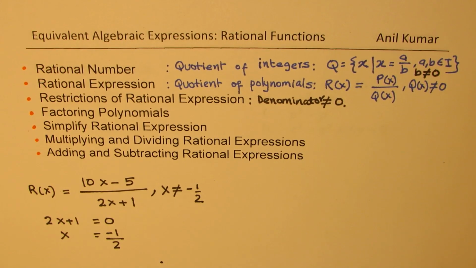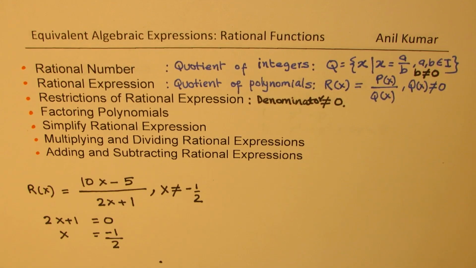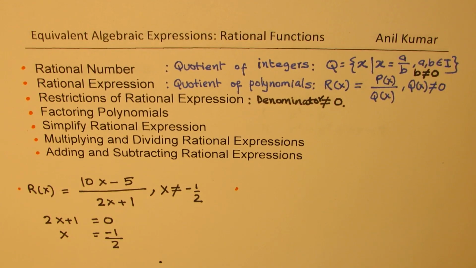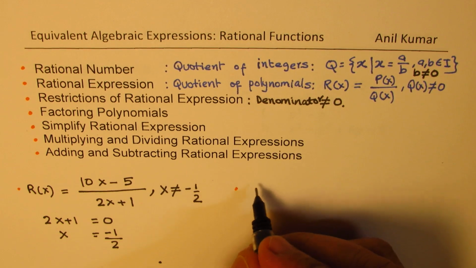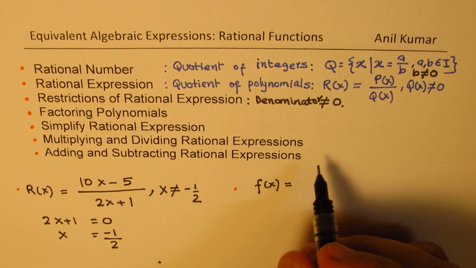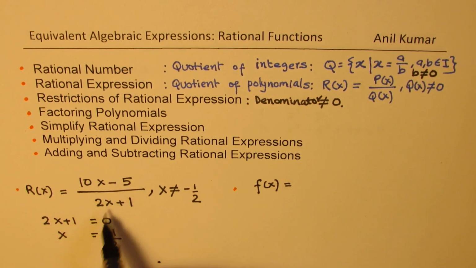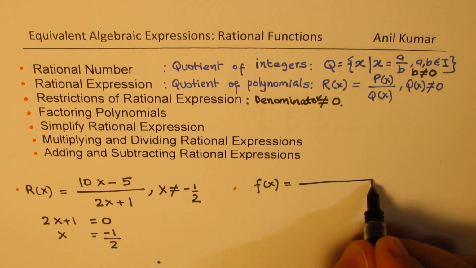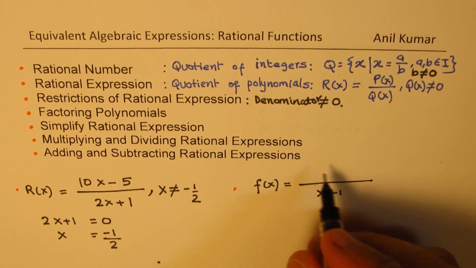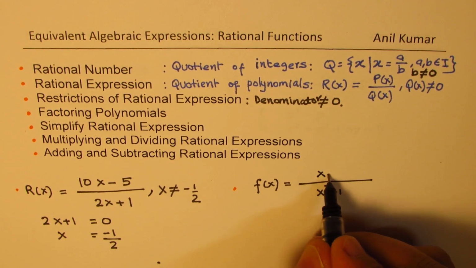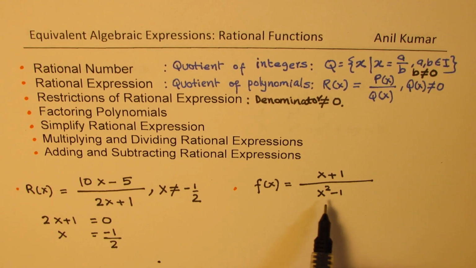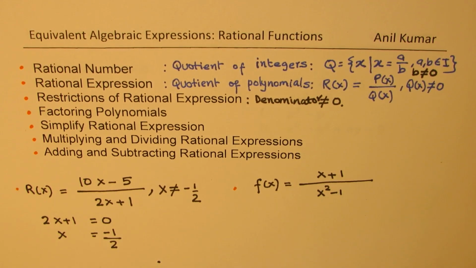Now let's take another example, just to understand this part. Let's say we have another function f of x, given to us as a rational function, where the denominator is x squared minus 1 and the numerator is x plus 1. Well, we can actually factor the denominator.